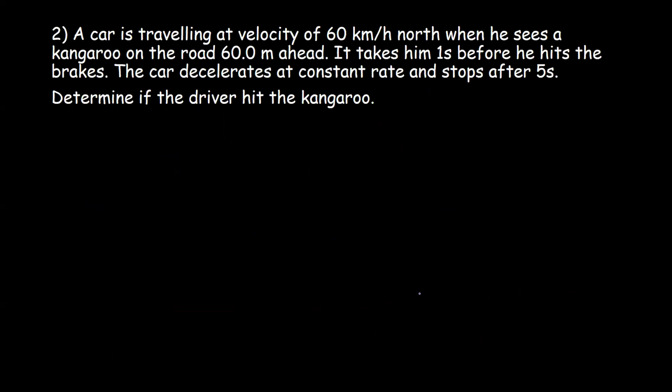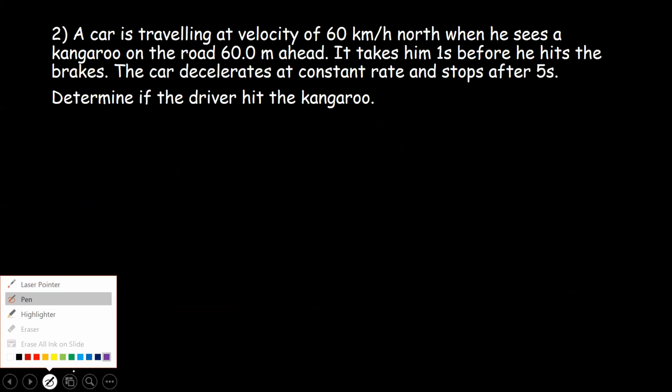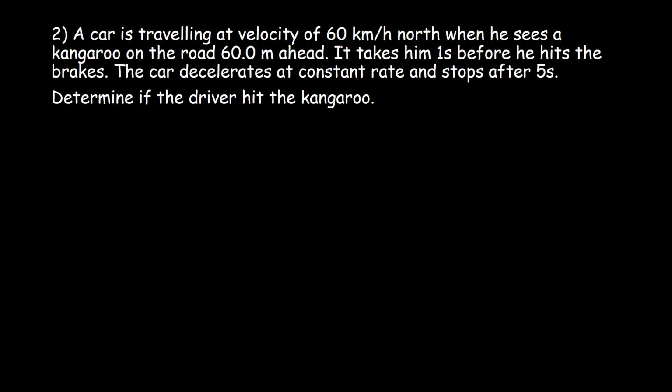Next question: a car is traveling at a velocity of 60 kilometers per hour. So definitely we need to convert this to meters per second. And the direction is north, so I want to consider north as positive. The driver sees a kangaroo on the road 60 meters ahead.